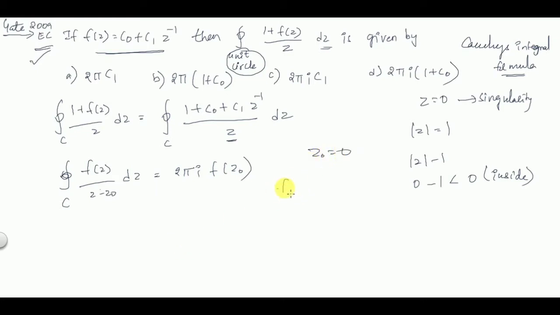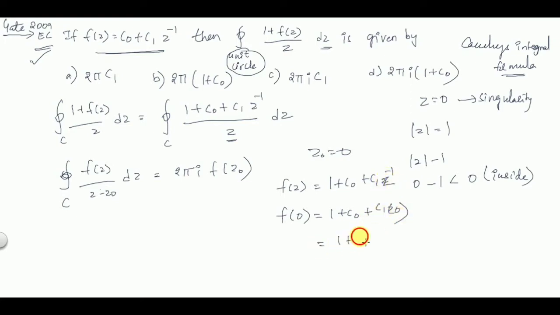And f of z is 1 plus c0 plus c1 z inverse. Just substituting, f of z naught is f of 0, so you'll get 1 plus c0 plus c1 into 0, because substituting z is equal to 0 you'll get 0.